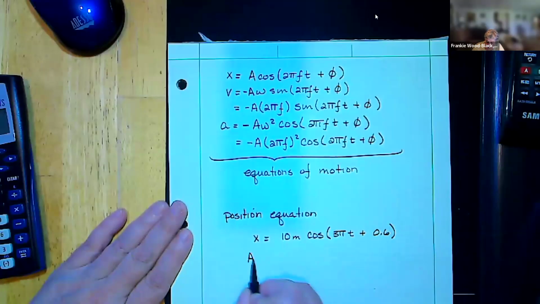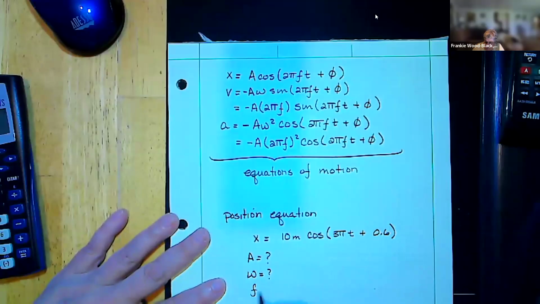I want to know the amplitude. I want to know the angular frequency. I want to know the frequency. I want to know the period. And I want to know the phase angle.